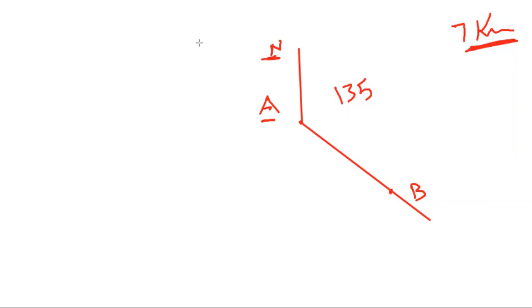What will I do? Do you know how to solve? Step number 1, north direction at the point B. Step number 2, I'll put my protractor starting from the north direction.